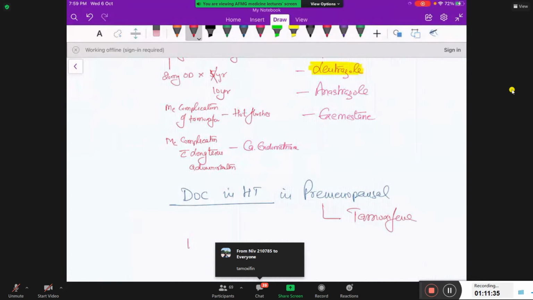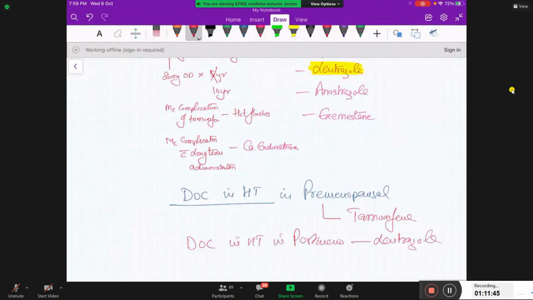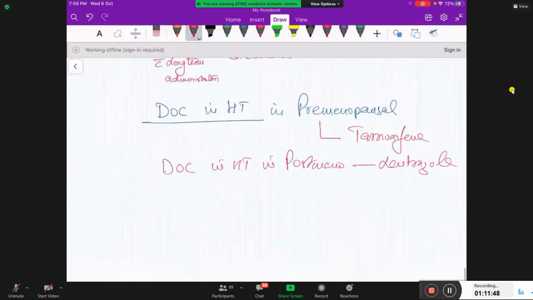But if the question is what is the drug of choice in hormone therapy in post-menopausal patients, now it is letrozole. And if they ask you what is the drug of choice in hormone therapy in general, without specifying pre or post, the answer now is aromatase inhibitor, that is letrozole.